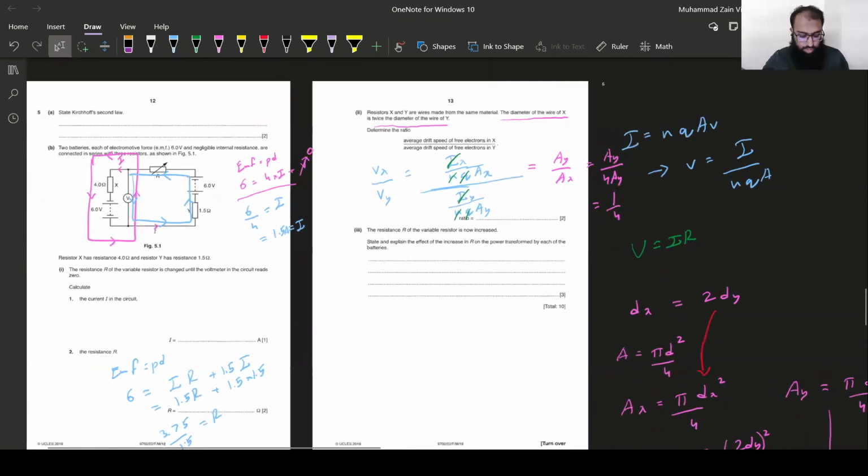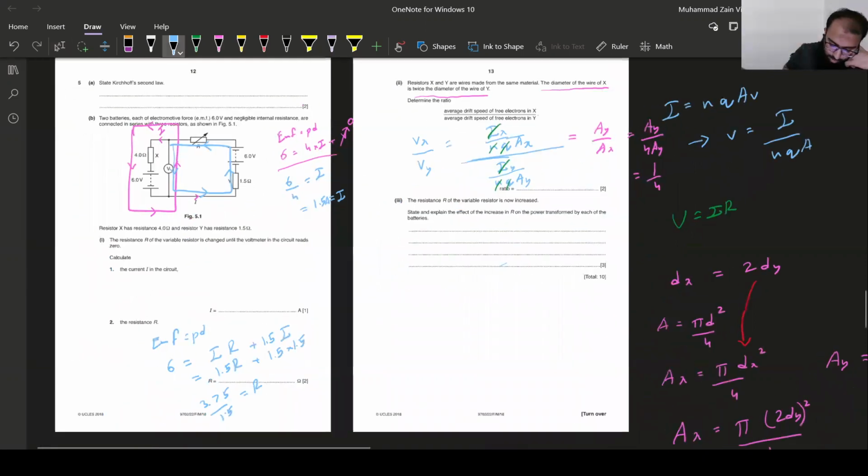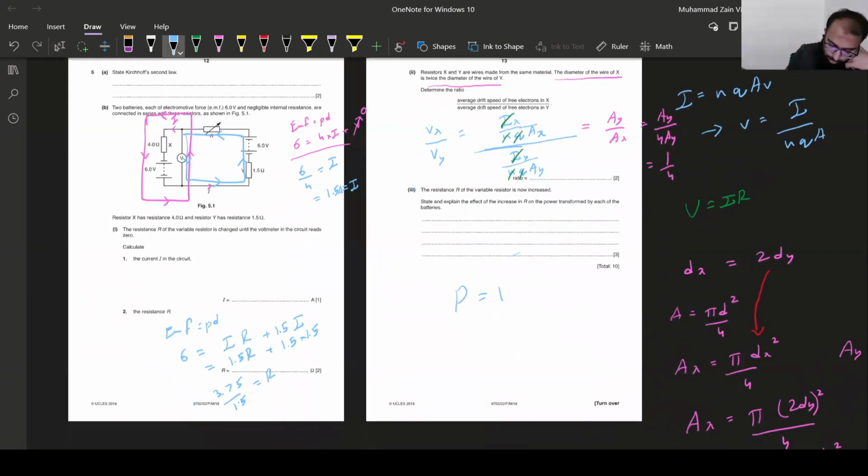Increasing the resistor R, what would it do to the overall resistance of the circuit? It would increase the resistance. And if the total resistance of the circuit increases, the current in the circuit would decrease. Now if the current has decreased, the power across each battery, the formula for power across each battery is power equals VI, where V is a constant.